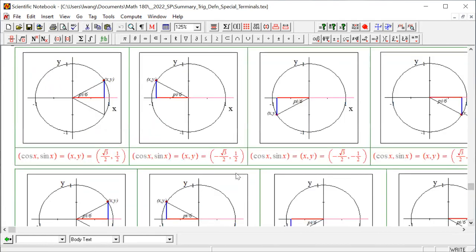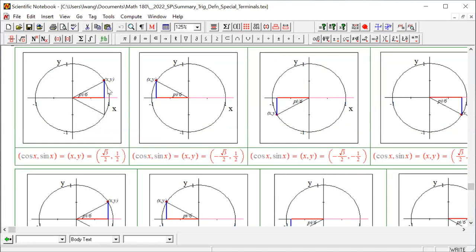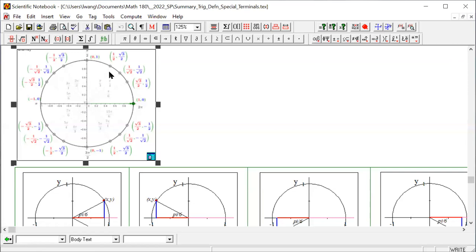So now, to summarize what we have done, right? For pi over 6, 30 degrees as reference angle, we have 4 cases. So these 4 cases can be seen on this picture. Okay, we see them right here.